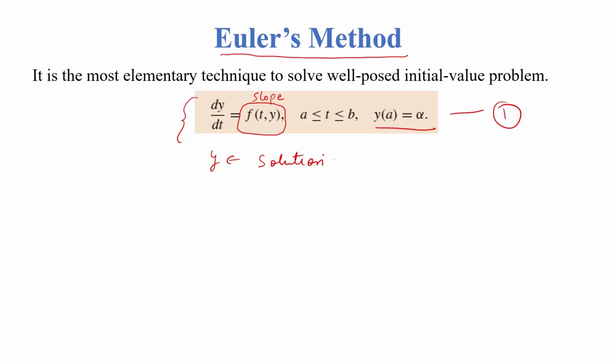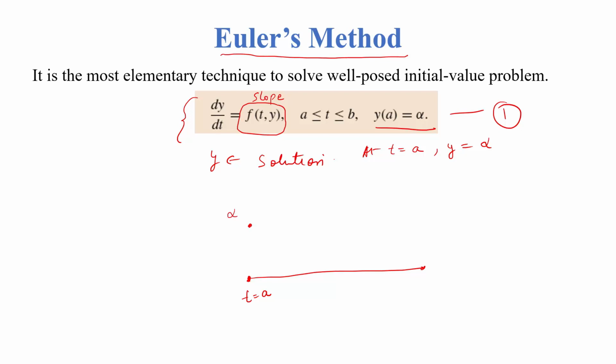Let's see. In this approach, suppose this is my initial condition, that is at t equal to a, I have the value y equal to alpha.